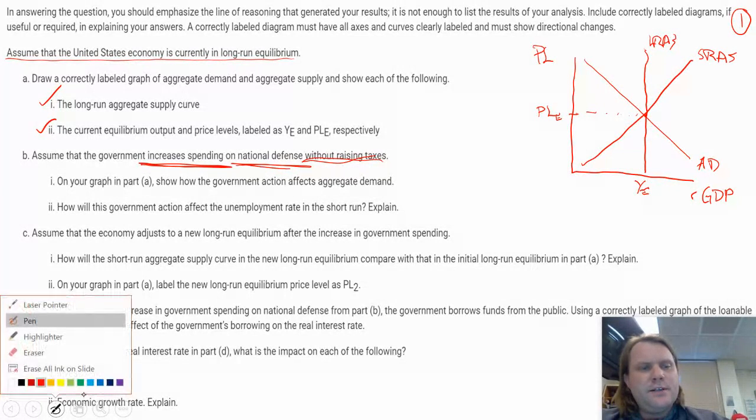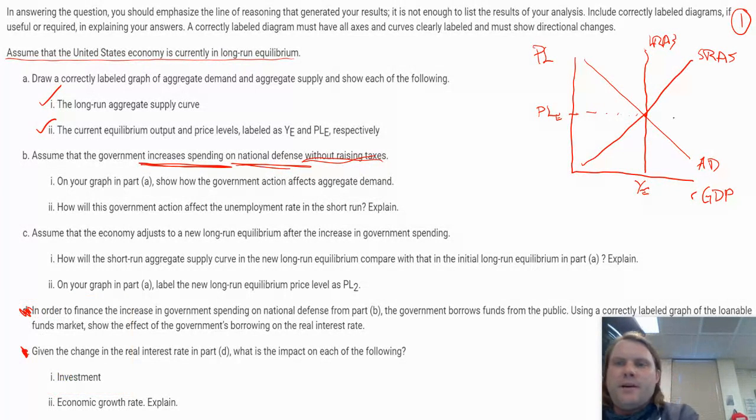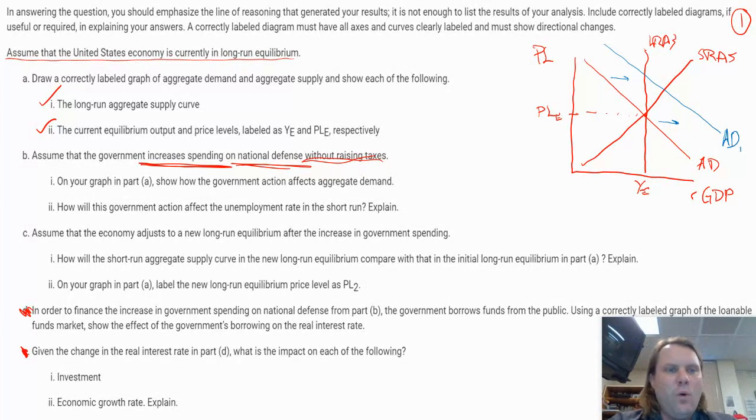Increased spending, putting more money in, is going to increase our aggregate demand. I'm drawing with different colors just to show, but you don't have to. I'm going to label that AD1. So increased spending, more money in people's pockets. In this case, it's national defense type of people, but it could also be factories that produce national defense stuff. So we have shown that effect on our graph.